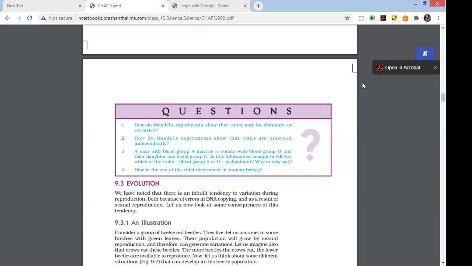So now, yes, traits are contrasting here. One is with blood group A and one is with blood group O. And of course, because this is human beings, only a cross is possible. But the third condition, that parents should be homozygous or pure, do we know here that the man and the woman having blood group A or O are homozygous?